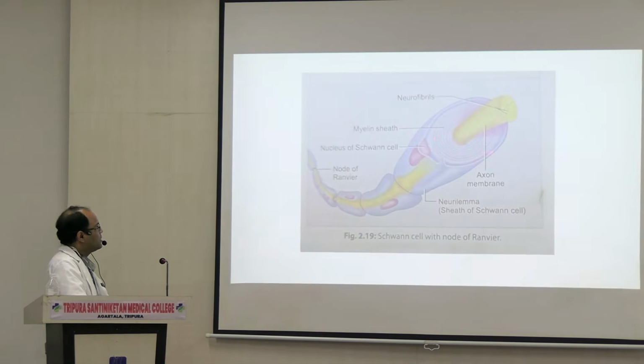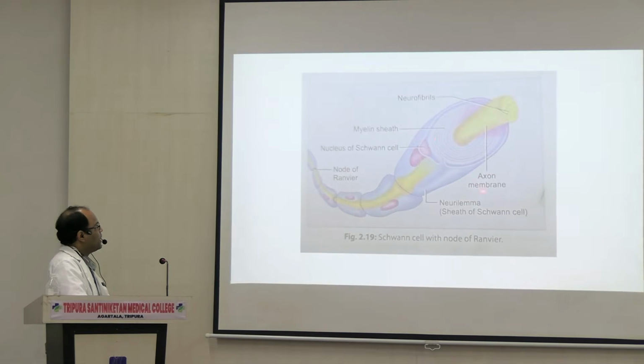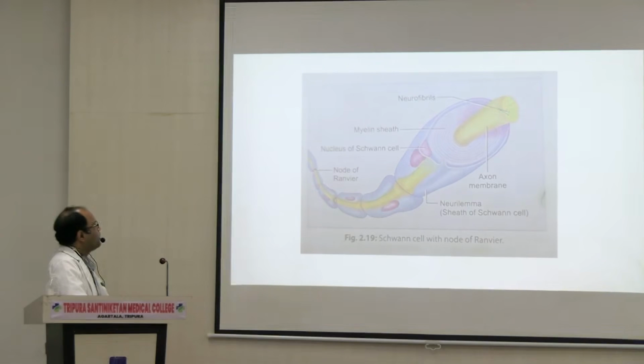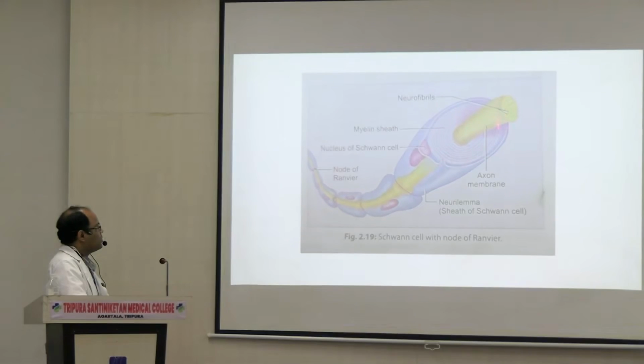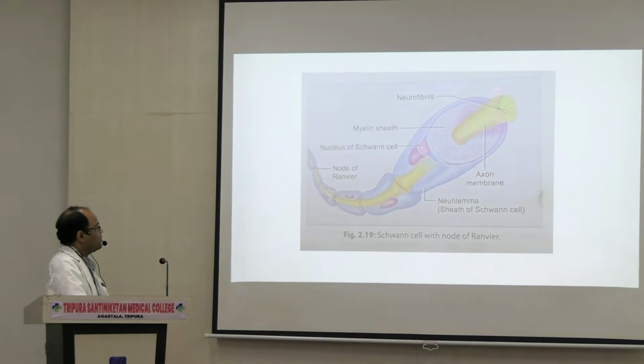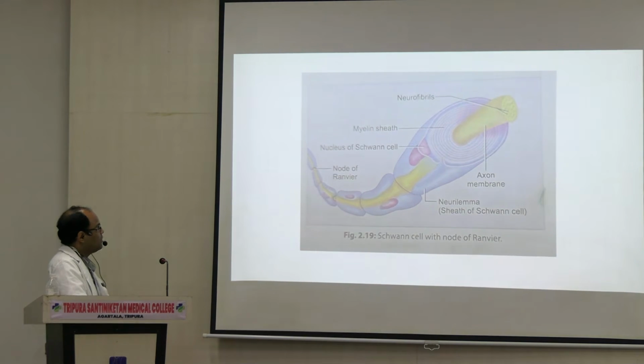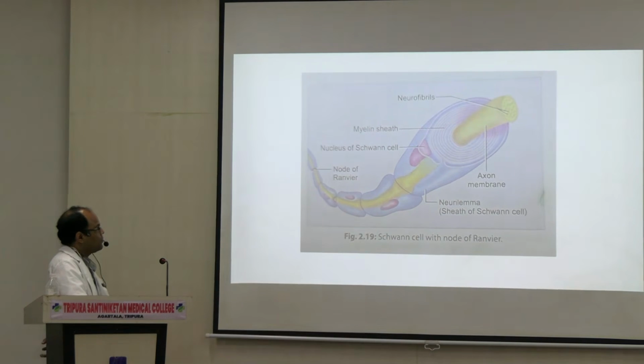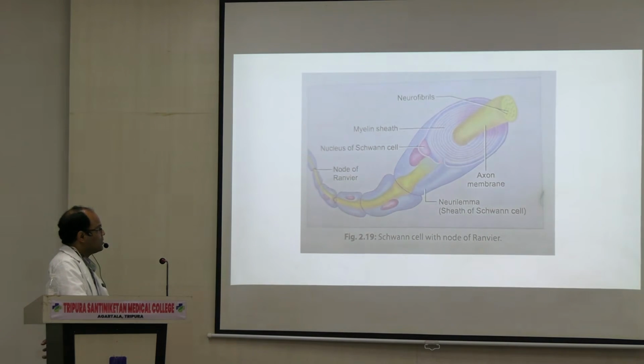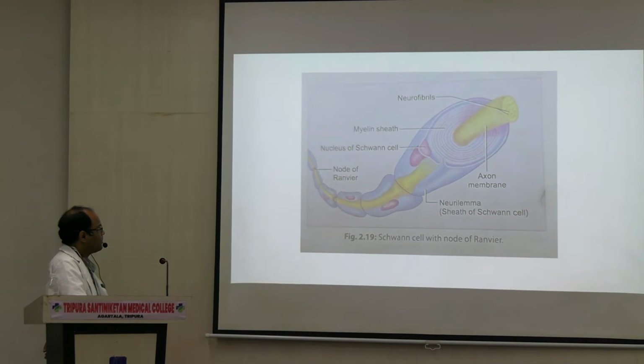You can see this is the axon membrane, and the myelin sheath is attached to the axon in a spiral shape. The nucleus is pushed to one side with cytoplasm also, and we can see some junctions. These are called nodes of Ranvier.